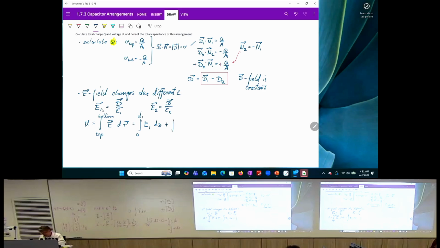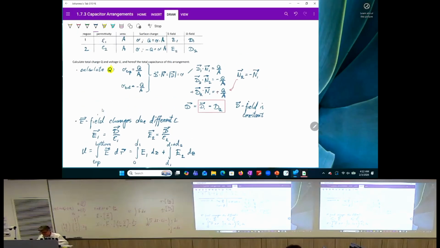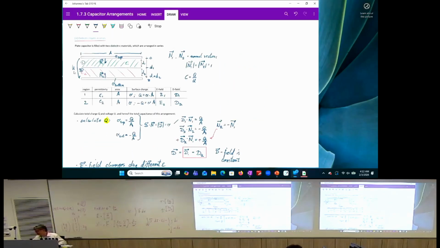Then we keep going from d1 to d1 plus d2 over the electric field E2.